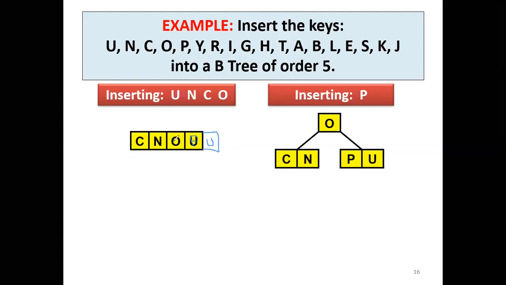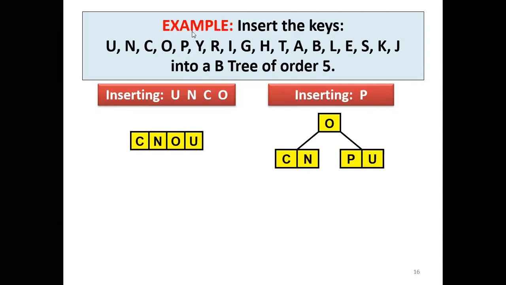This is the middle one, which we are going to promote to the root node, and we split this to get CN and OU. So now we have inserted P.